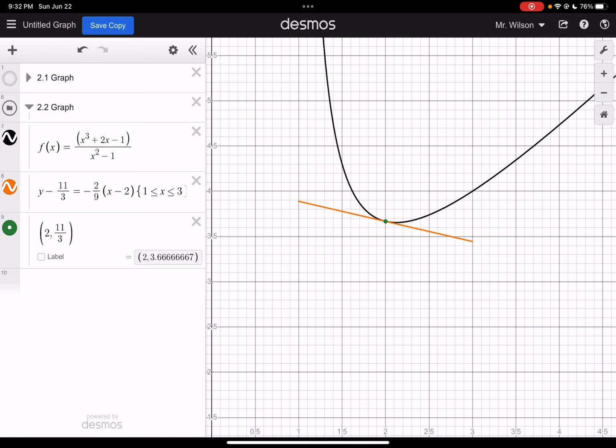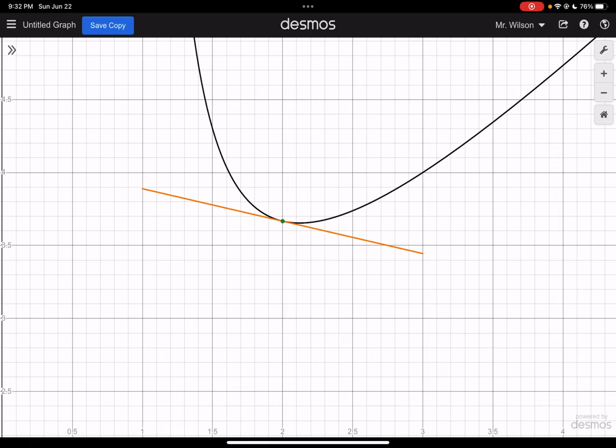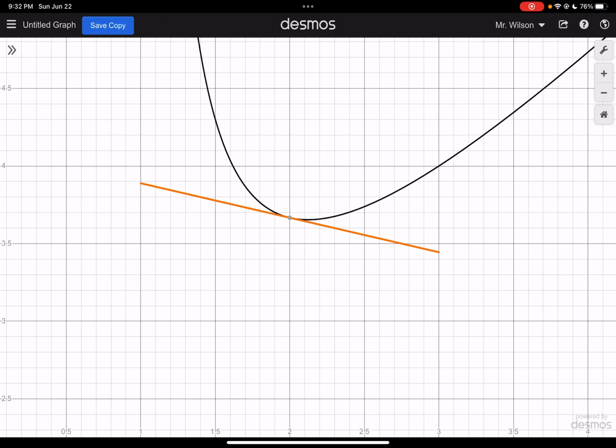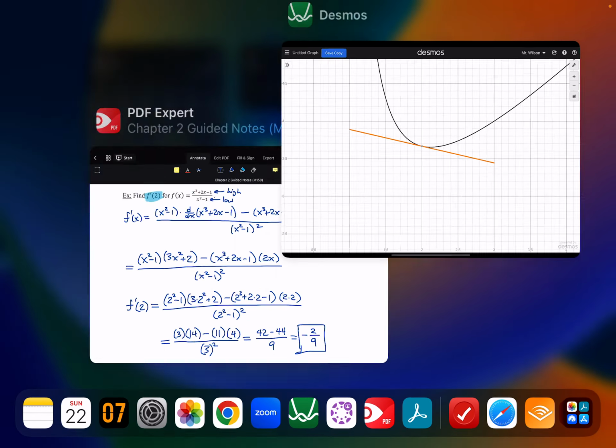And we draw the tangent line. The slope of this line that I have in orange right here is negative 2 over 9. So that's what the derivative is giving us. It's giving us the slope of that line, which is, again, the instantaneous rate of change of this function at that point specifically.